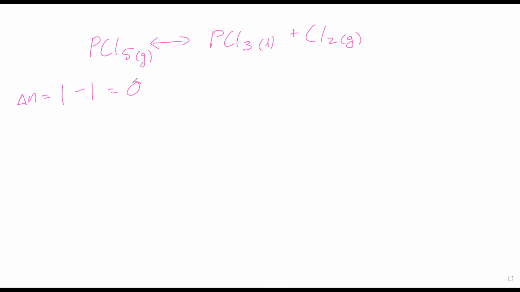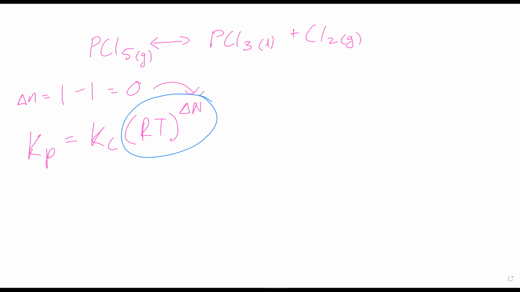And you remember in this formula, times RT to the power of delta N, we know that if 0 is where delta N is, then this entire section here, the R times the T, is going to equal 1, because anything to the power of 0 is 1. Does that make sense? Yes, it does.